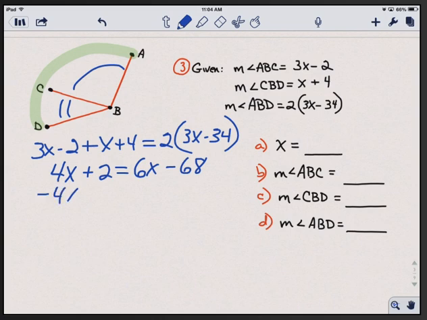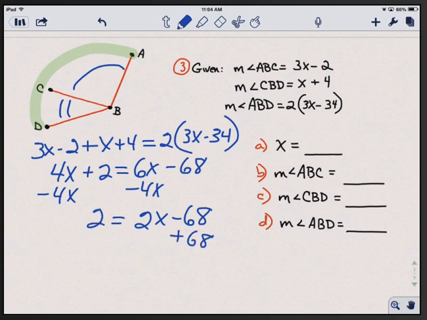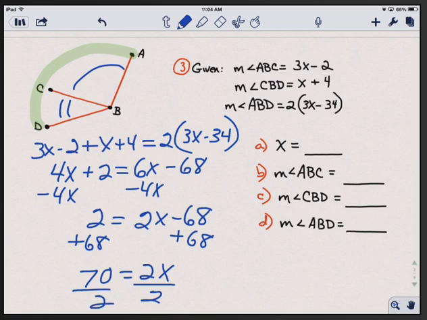Subtracting 4x from each side of the equation to continue, we have 2x minus 68 equals 2. Adding 68 to each side of the equation, we get 70 equals 2x. Divide each side by 2. We have x equals 35.